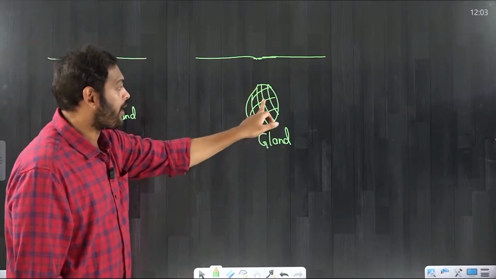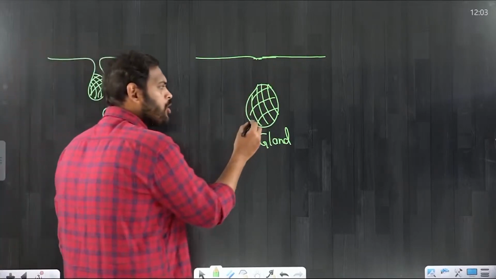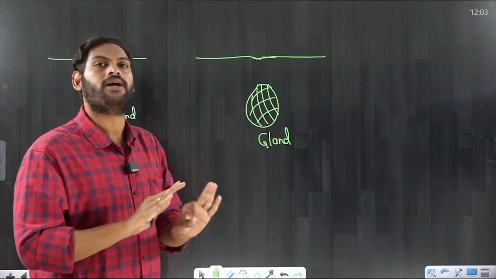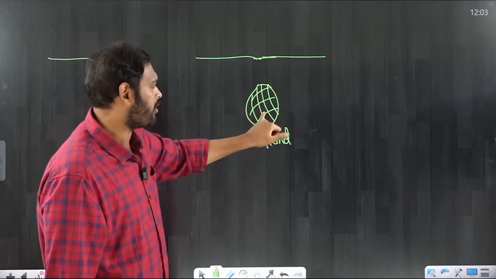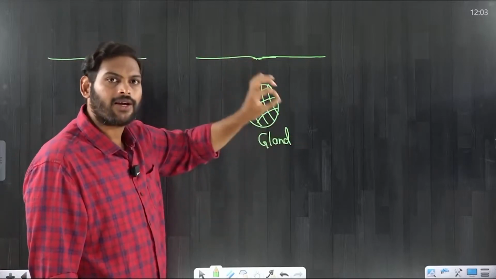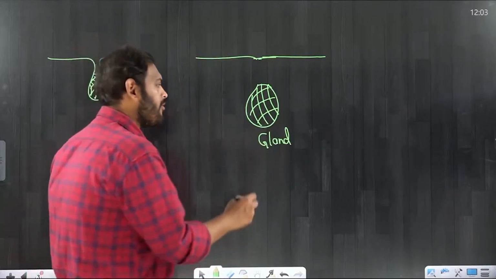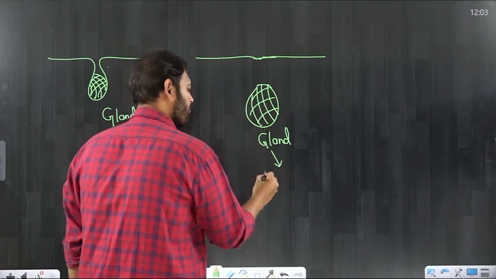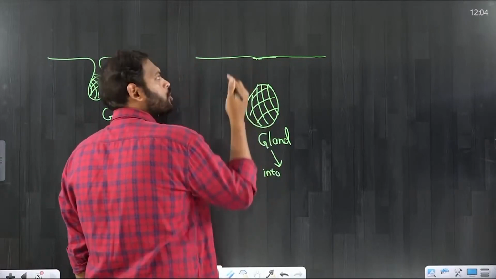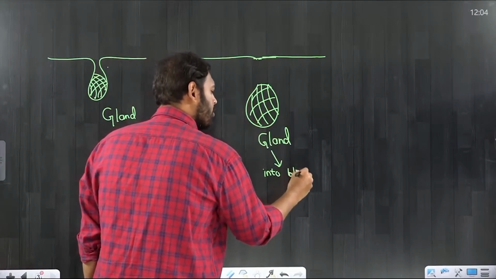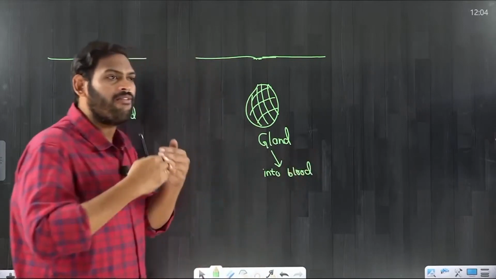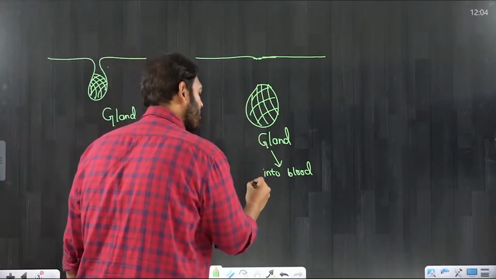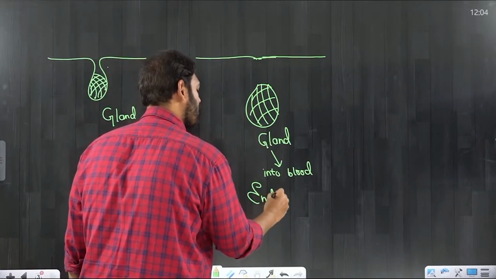Therefore, every secretion of this gland shall go into the blood supply. So these glandular secretions will mix into the blood. Such a gland, which is giving chemicals into the blood flow, is referred to as an endocrine gland.